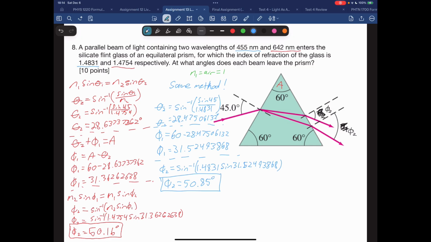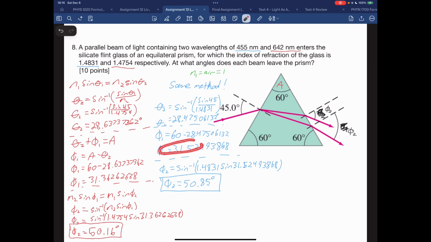So we see that for the blue light, the angle here is ever so slightly larger in both situations. 31.5 versus 31.4 rounded up. So we know that the blue light will have a slightly larger angle here.